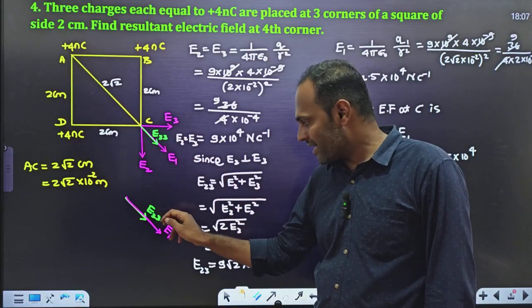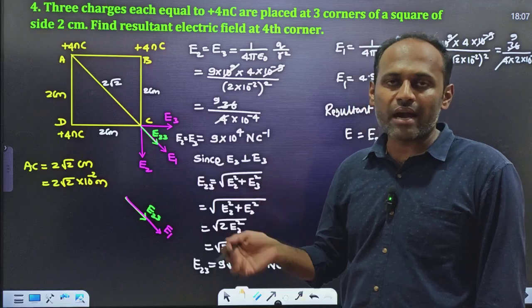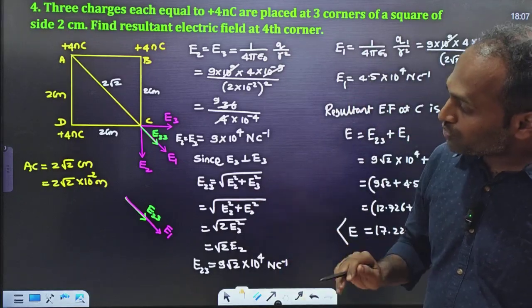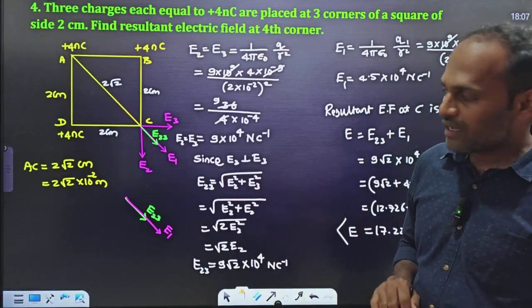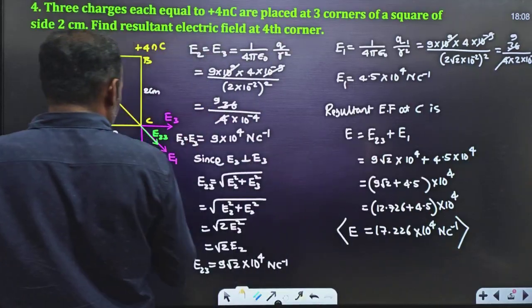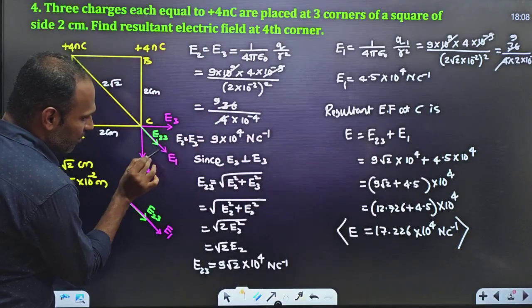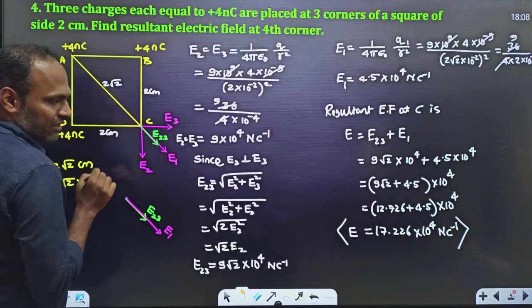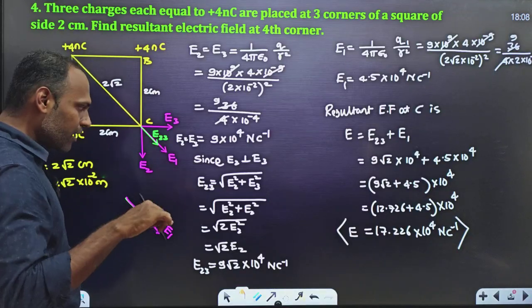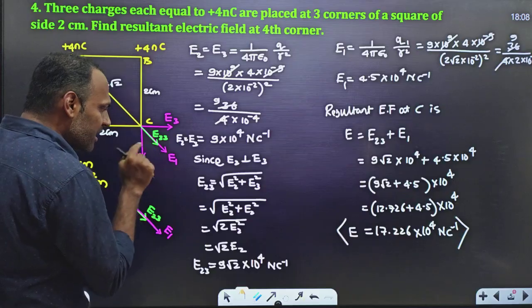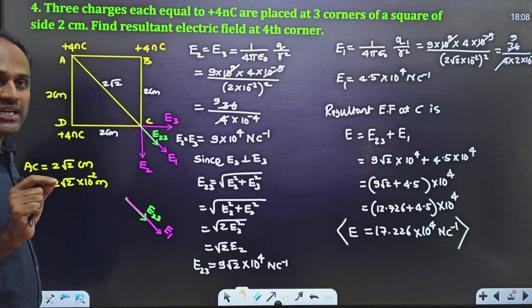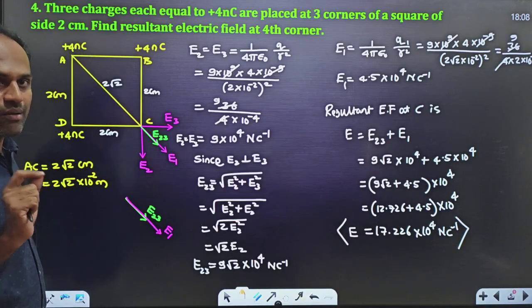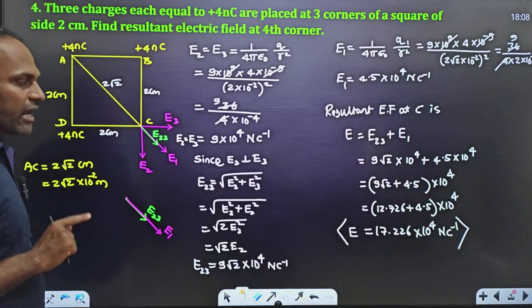That's why you added E23 and E1, and you got the answer. Suppose E2 and E3 are not equal. Then E23 will not come exactly along E1; it will come close to either E2 or E3. Then you cannot add E23 and E1, because they are not on the same straight line, in the same direction.